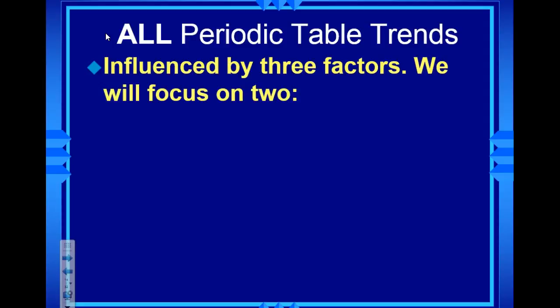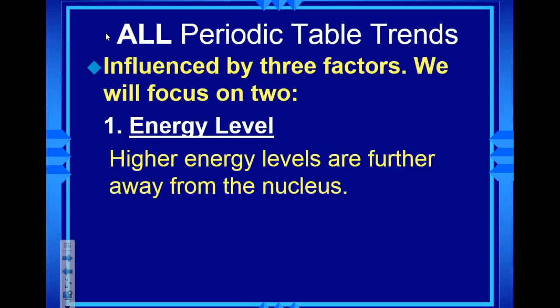All periodic table trends are influenced by 3 factors. First, energy levels. Energy levels are those orbits that are around an atom.